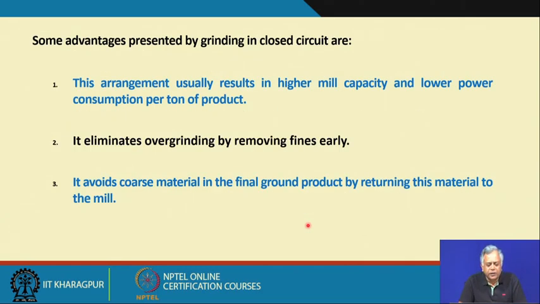So, what are the advantages of closed circuit grinding? One is that this arrangement usually results in higher mill capacity. How? Because you do not have to give more than the required residence time of the particle inside the mill.